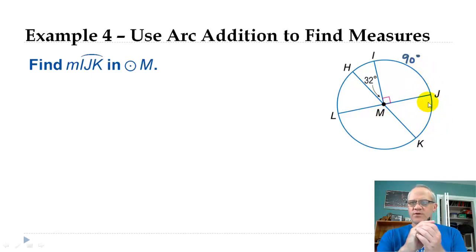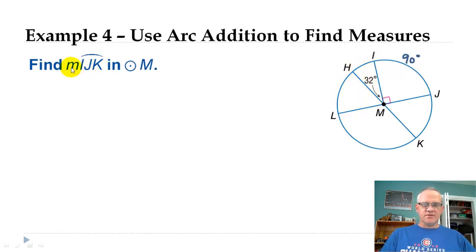Well, how might we be able to do that? You could do this a few different ways, but one easy way might be this. If you know that this is 90 degrees here, and here's a straight line, a diameter, that means that this side here, IH and HL together, would have to be 90. So I'm going about this kind of through a back door.